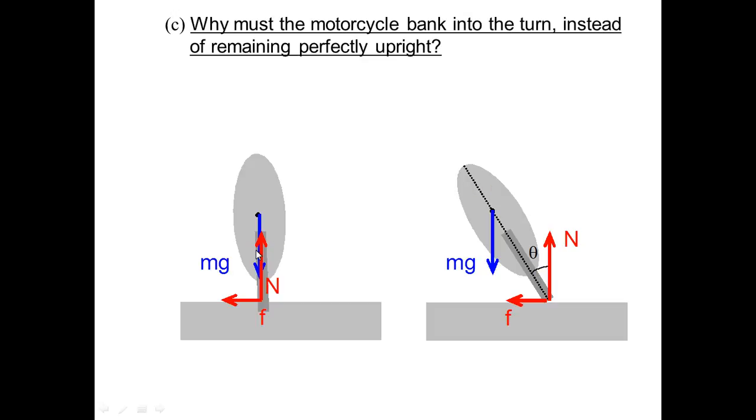Why not upright? To do that, let's again consider forces acting on the motorcycle. So we have the weight of the motorcycle and the man, the normal reaction force, and the friction. If I take moment about the CG of the motorcycle, to check whether it's in rotational equilibrium, I will see that both mg and N produce no moments because the line of action of the force passes through the CG.